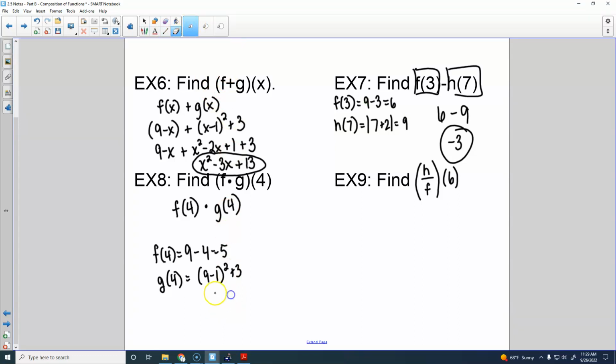Back up. 4 minus 3 squared plus 3. So 3 squared plus 3. 9 plus 3, which is 12. So f of 4 was 5. G of 4 is 12. 5 times 12 would be 60. So 60.